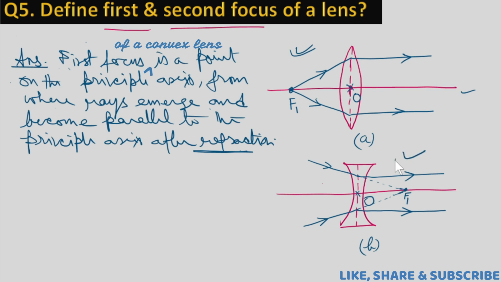Now corresponding to the second figure, the first focus happens to be the point on the principal axis where the rays would have met but become parallel after the refraction from the concave lens.